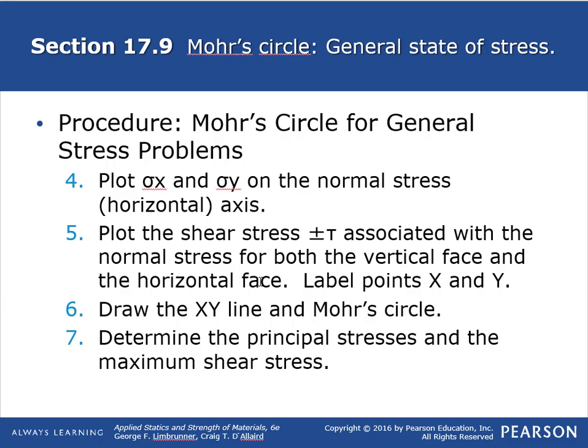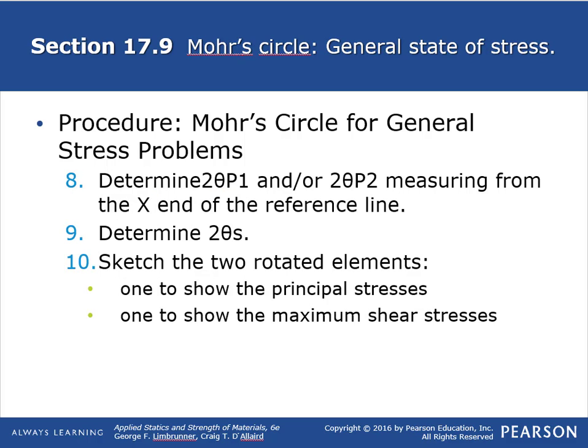example problems. Draw the XY line on the Mohr circle. Step 7, determine the principal stresses and the maximum shear stresses. Step 8, determine the angle 2 theta P1 and/or 2 theta P2 measured from the XY reference line. Determine the 2 theta S. This is how far you have to rotate your point to get to principal plane 1.